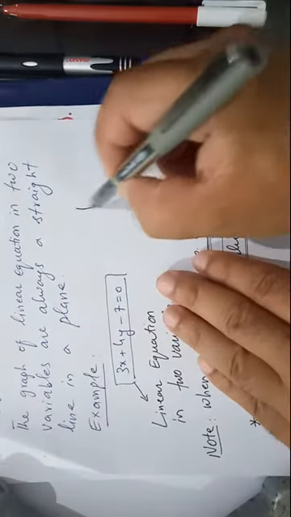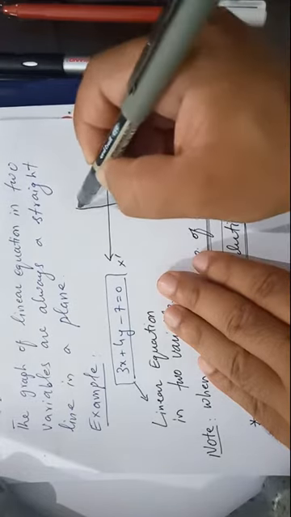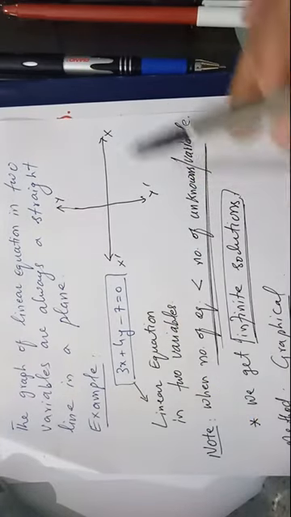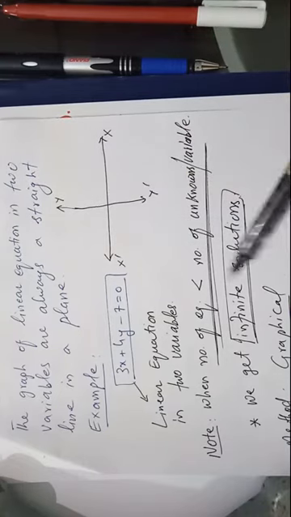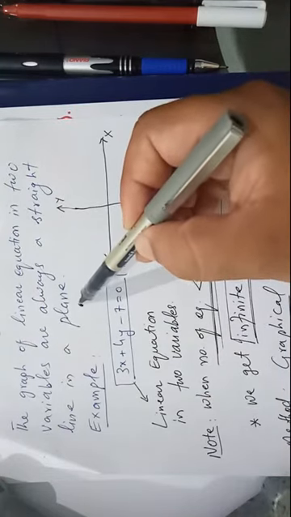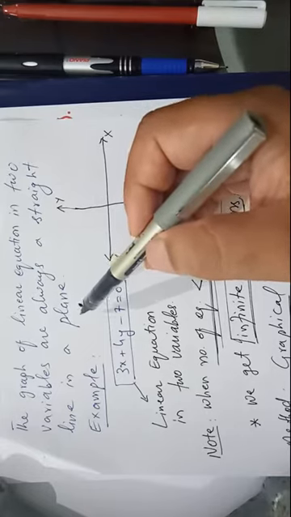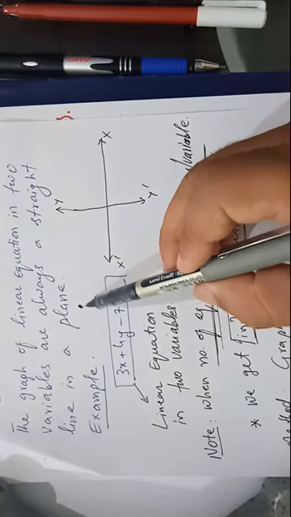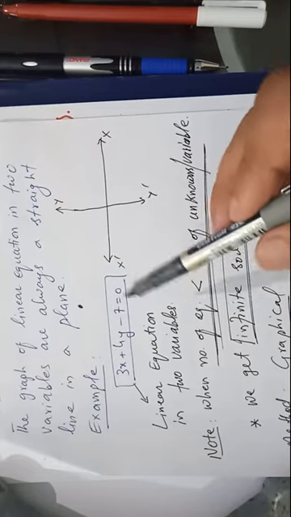So you see that this is my rectangular coordinate plane, x-axis, this is y-axis. Now the rectangular coordinate system is necessary because, for example, if I take a point in a plane, I cannot assign a coordinate to this point if I didn't draw the rectangular coordinate system, because I need a reference for how many units away this point is from the x-axis and how many units away from the y-axis.